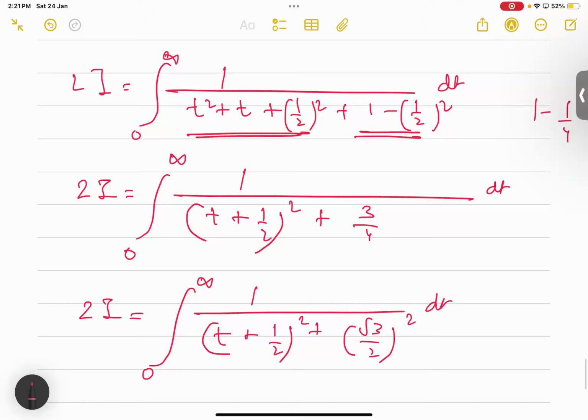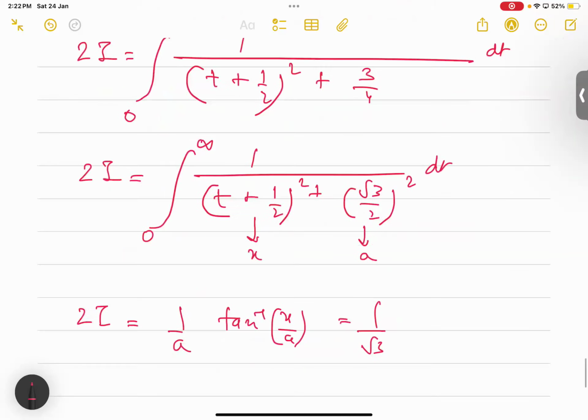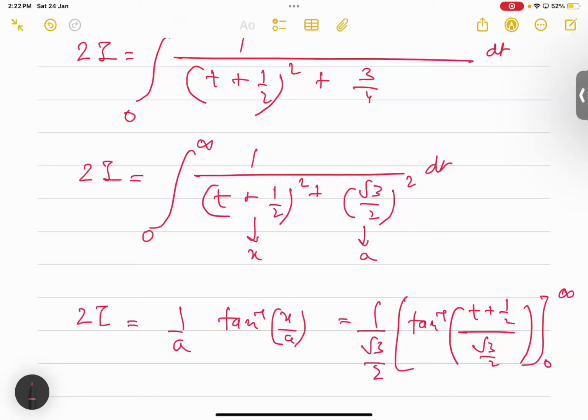Root 3 by 2 the whole square. x and a. So 1 upon a, tan inverse of x by a. What is a? Root 3 by 2. Tan inverse of t plus half over root 3 by 2. d by dt of t plus half is 1.